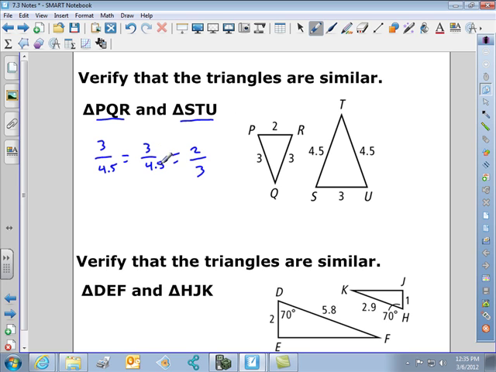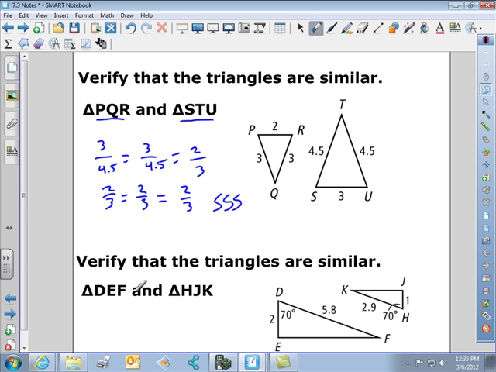And if you simplify these fractions over here, they actually simplify out to 2/3. All of those simplify to 2/3. Therefore, that is the side, side, side similarity.